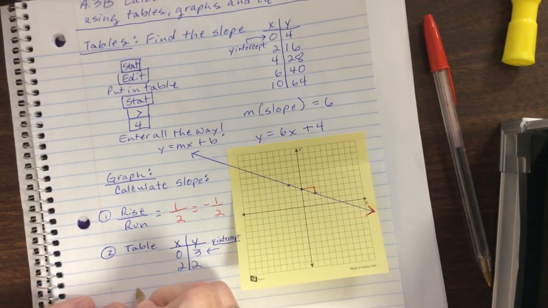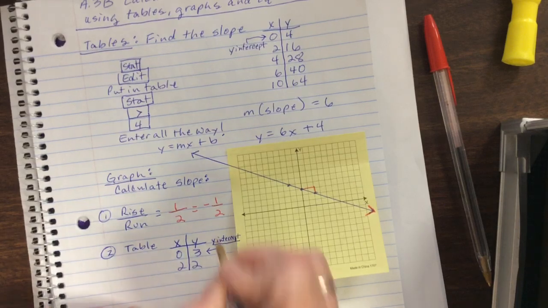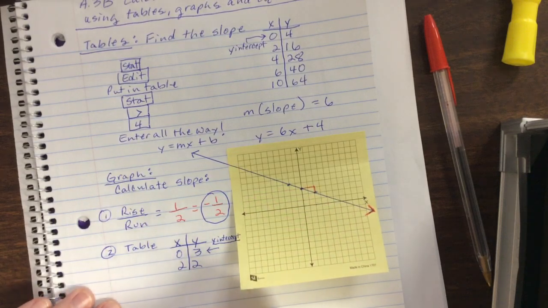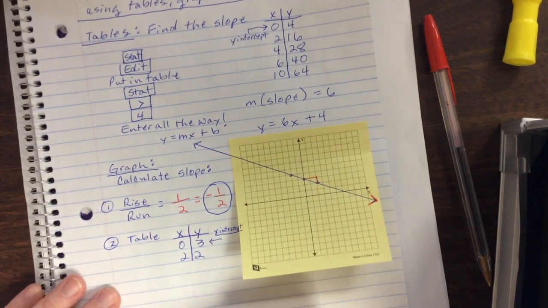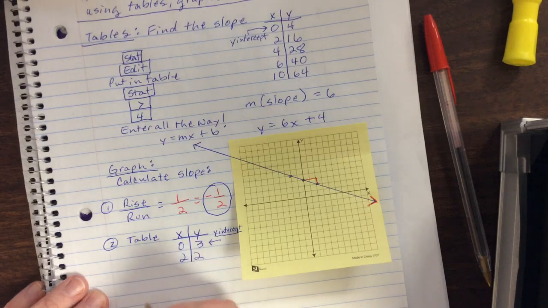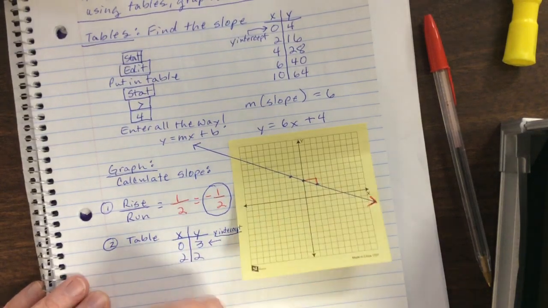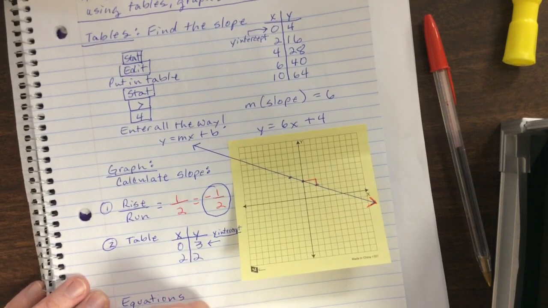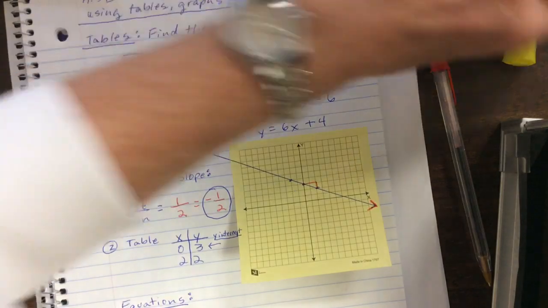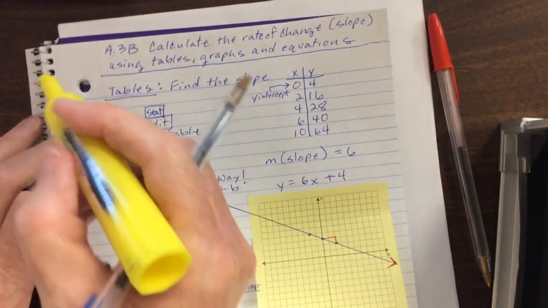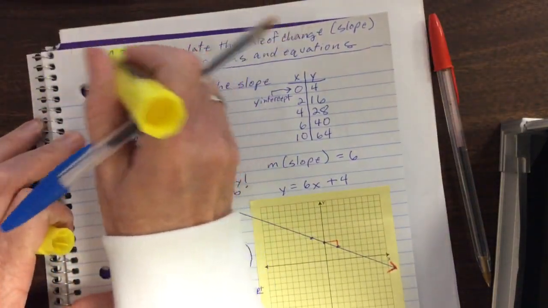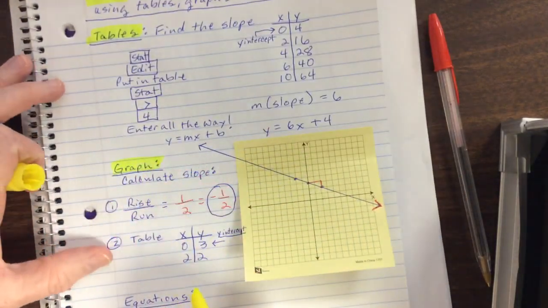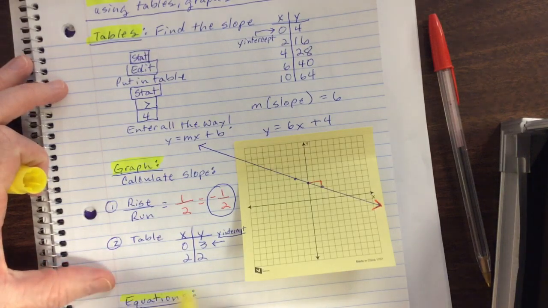But our slope is -0.5. Now the last one is equations. And let's highlight a few things on here. Let's highlight tables, graph, and equations.